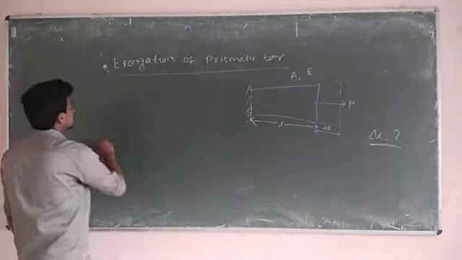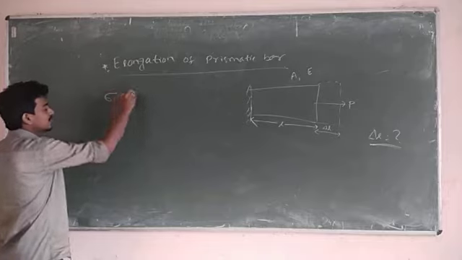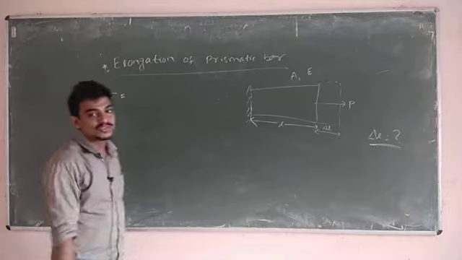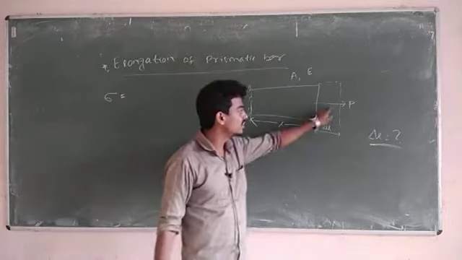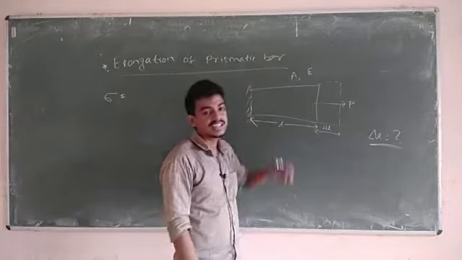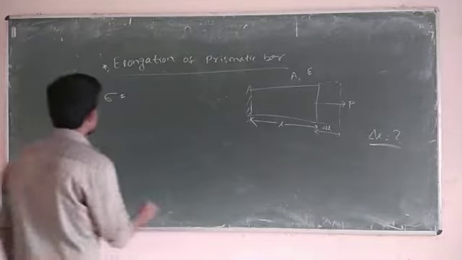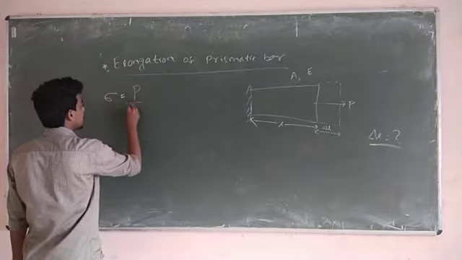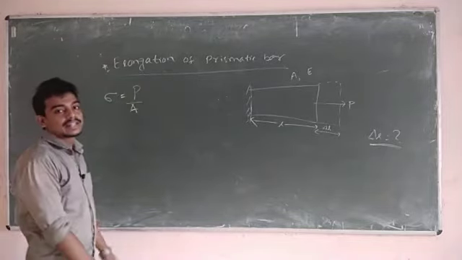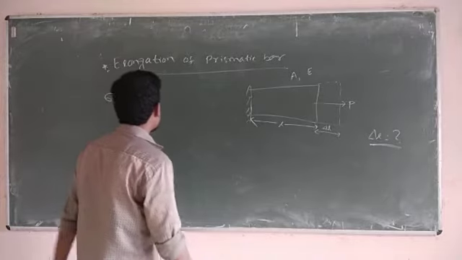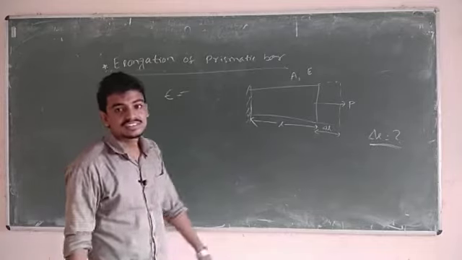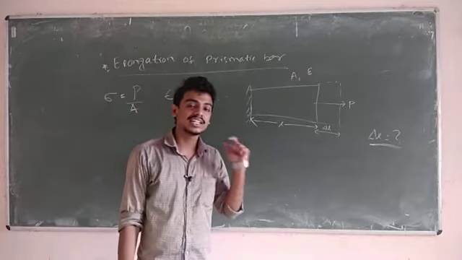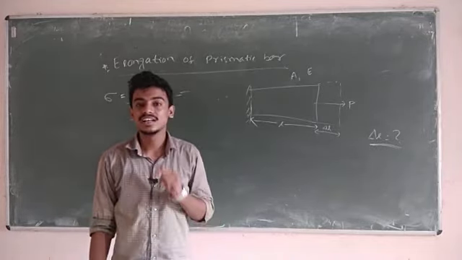Before that, I want to calculate stress. What is stress? Load per unit area. What is the load here? Load is P. What is the area here? Capital A. So I can simply write P by A. Clear? Next I will calculate strain. What is strain? You already know, change in length by original length.